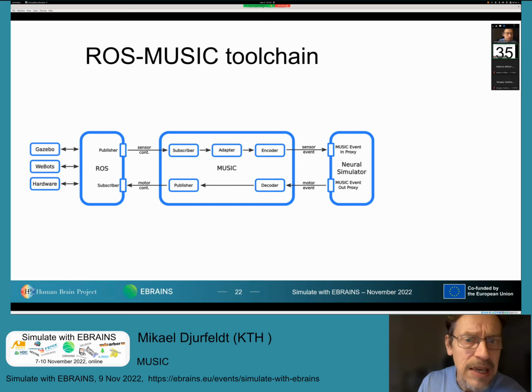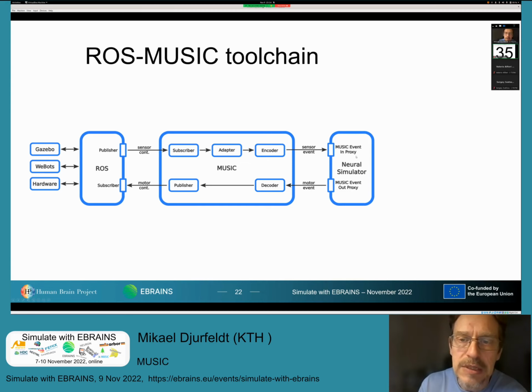So the image here is depicting the ROS music toolchain that was published in the Weidel 2016 paper. And the only difference now is that in that paper, the neural network was simulated in Nest.